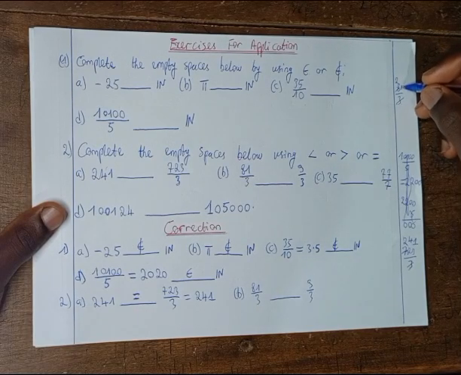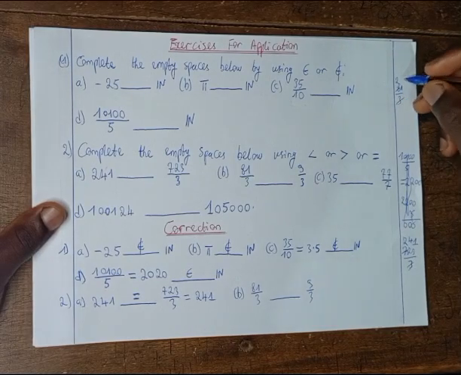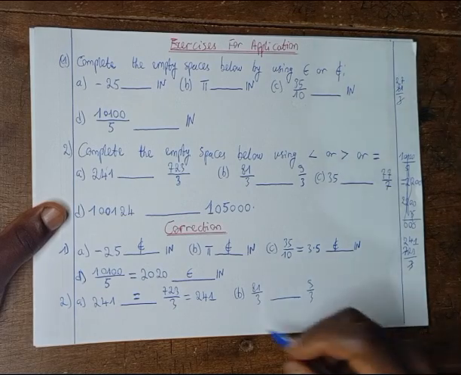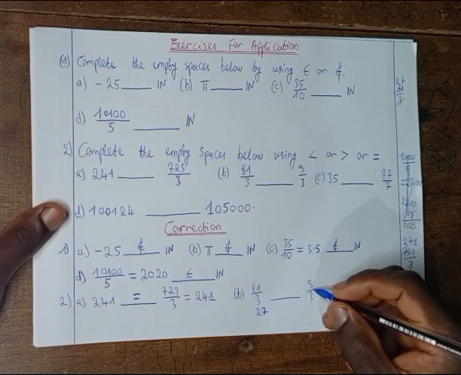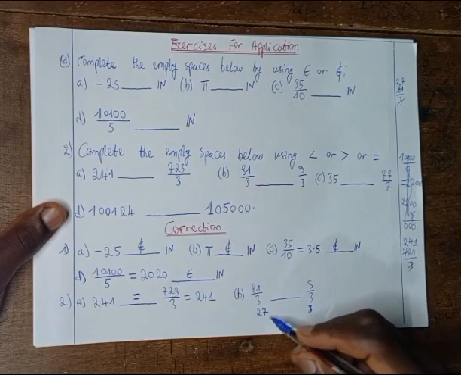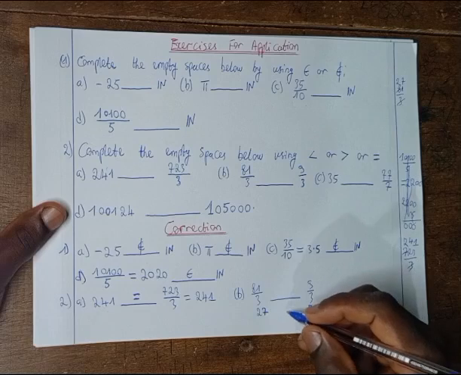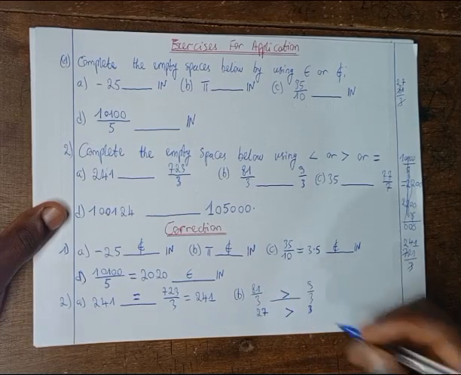Dash the 2 to this one to form the number 21. 3 will go into 21 7 times. So 81 over 3, we know it is simply 27. 9 divided by 3 gives us 3. So we know 27 is greater than 3. So in this case, we are going to make use of greater than.